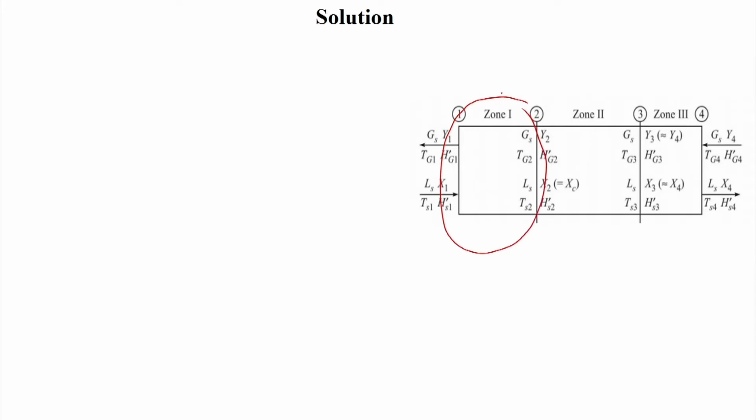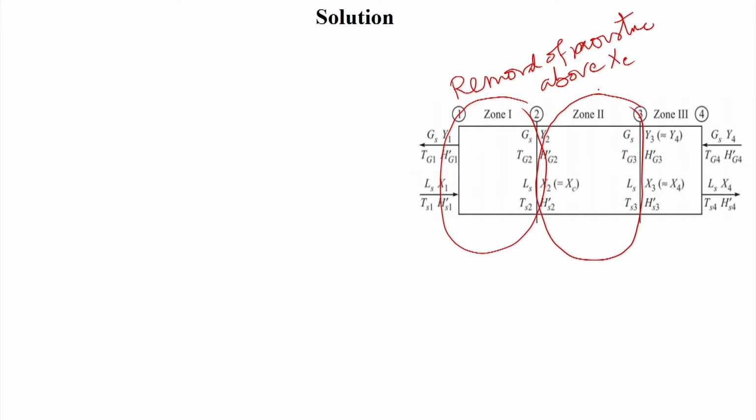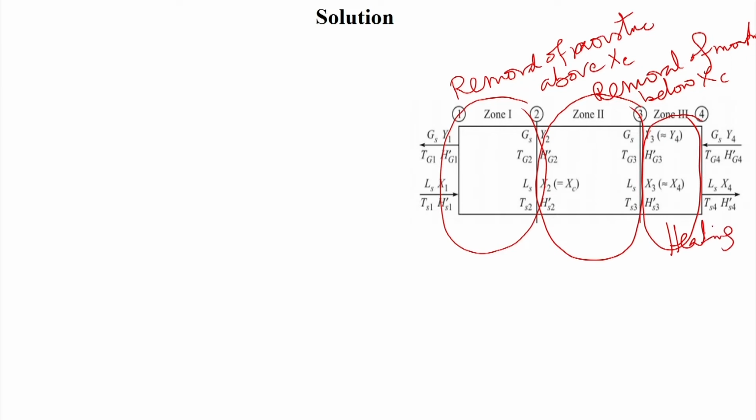Zone 1 is removal of moisture above X C, zone 2 is removal of moisture below X C, and in zone 3 there is only heating of the solid to the exit temperature.